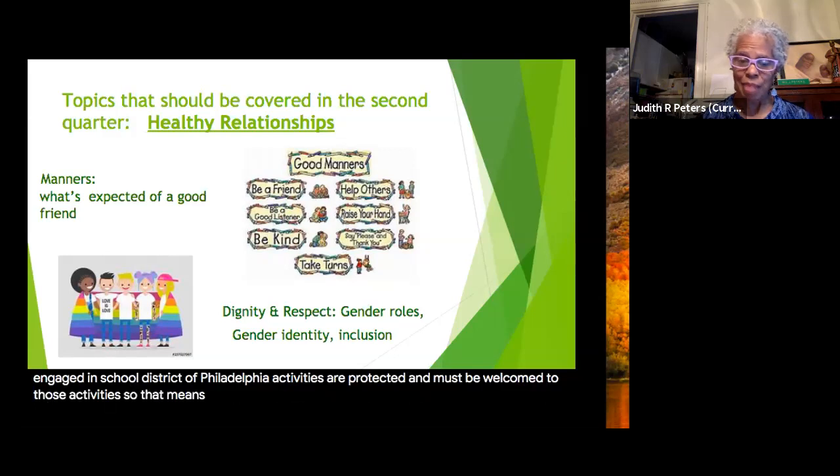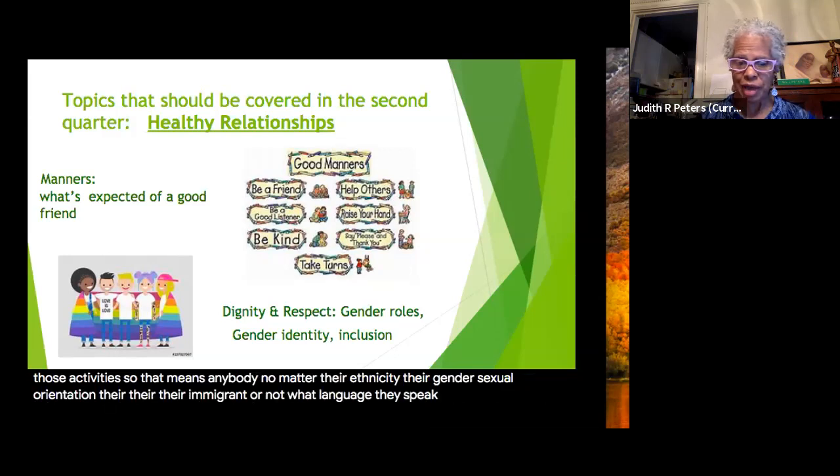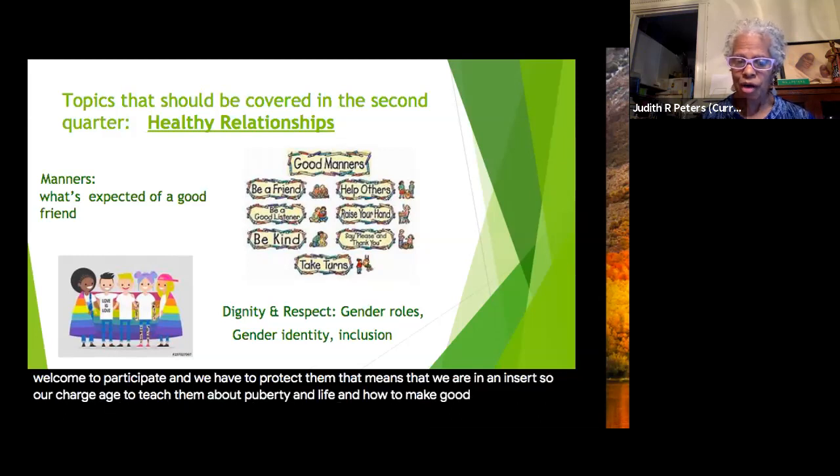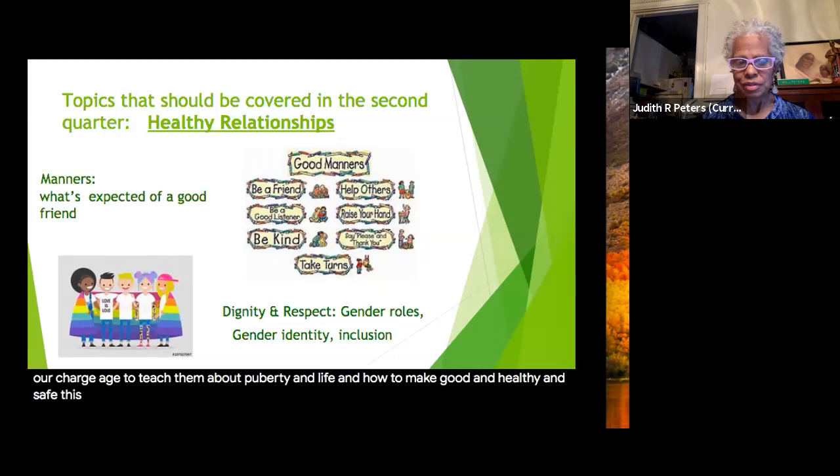So that means anybody, no matter their ethnicity, their gender, sexual orientation, if they're immigrant or not, what language they speak or not, they are welcome to participate, and we have to protect them. That means that it's our charge to teach them about puberty and life and how to make good and healthy and safe decisions, then that means we have to do that.